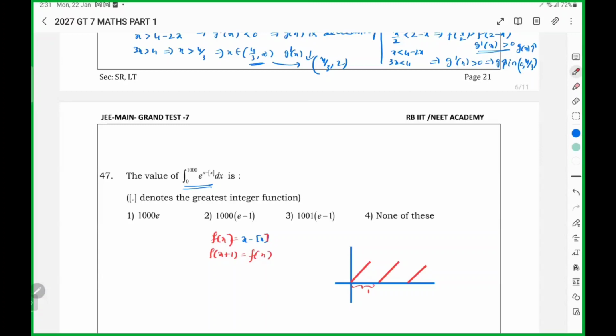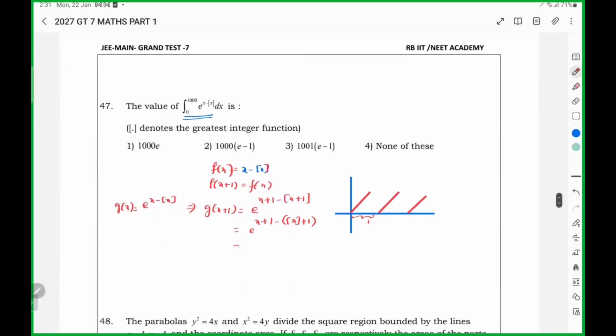So even e power x minus step of x, if you take it as some g of x, then g of x plus 1 will be e power x plus 1 minus step of x plus 1, which is e power x minus step of x, which is g of x.